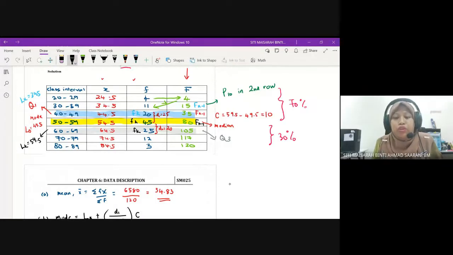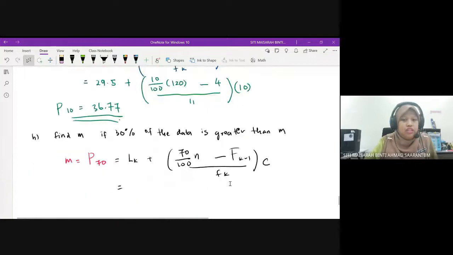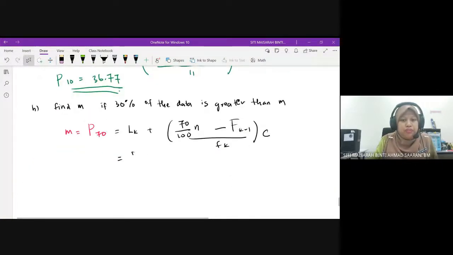Is similar with Q3 ya. So kat sini pun kat sini P70. So means that the lower boundary is 59.5. Cumulative before is 80. FK is 25. So then we substitute LK with 59.5 plus 70 over 100 times 120.